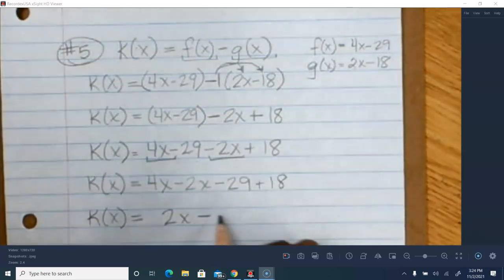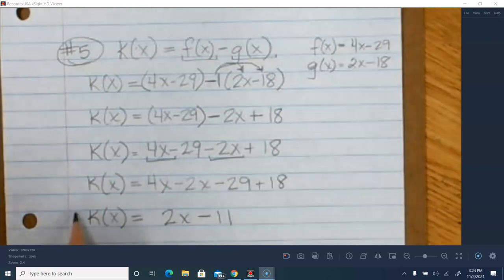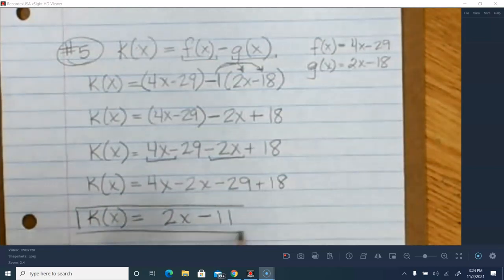So I'm going to put minus 11, and I'm done. Because 2x minus 11 is already simplified. You can't simplify it any further. So this is going to be my answer. k of x is equal to 2x minus 11. We just simplified that expression.